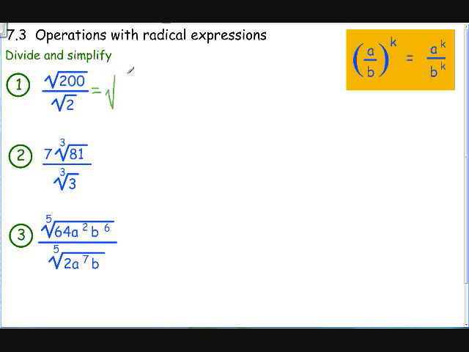In this case, you and I both see that if I divided 200 by 2, I would have a very nice number to work with. So I'm going to start here by, they're both square roots, so I've got the same exponent here. What is that exponent?